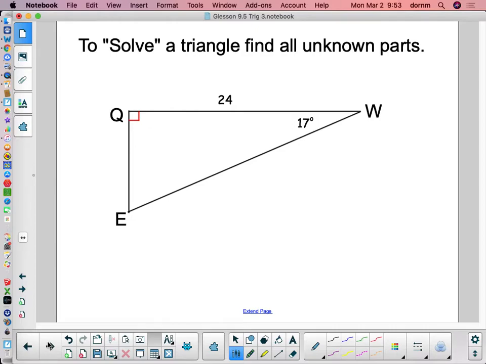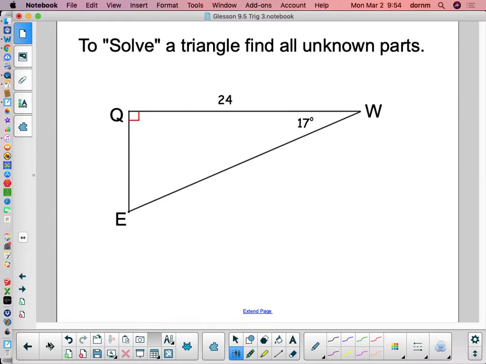Now, to solve a triangle, this is the second part of what we're getting into. To solve a triangle means to find all of the unknown parts of that triangle, so you know all the sides and all the angles when you're done. In this situation, I know the right angle and one other acute angle. Do I need to use trig to find that third angle?